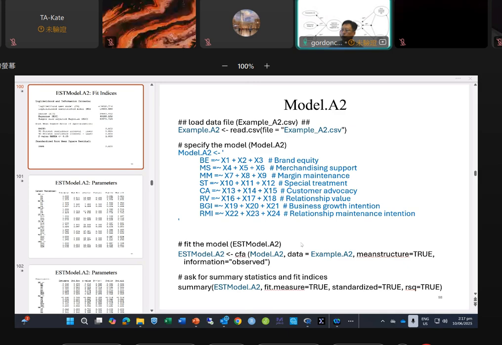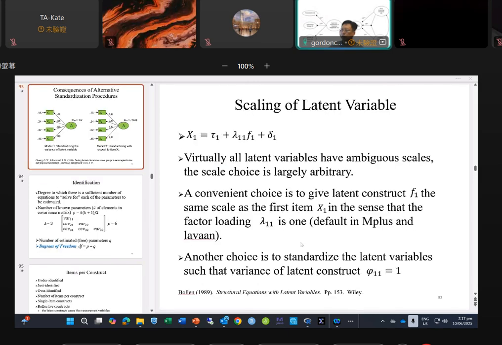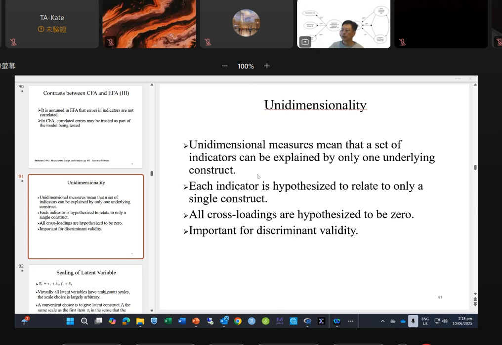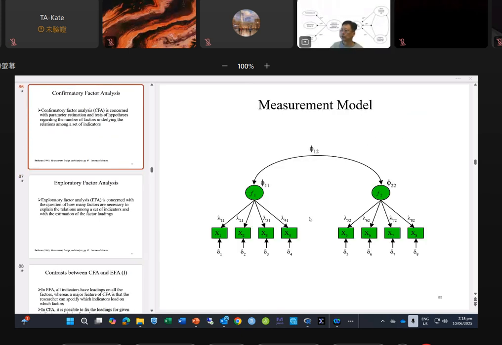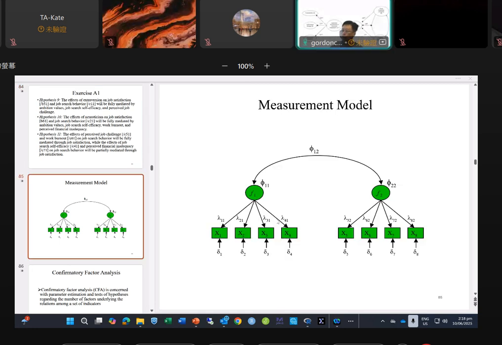A second explanation of unidimensionality, in particular when we talk about confirmatory factor analysis, means that each item can be used to measure only one factor. That is what we call unidimensionality in SEM. In a lot of cases in the past, when people did not get a good fit of a measure, they included covariance among the error terms, or they added another factor loading here.